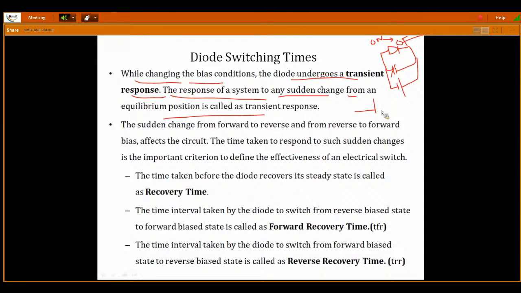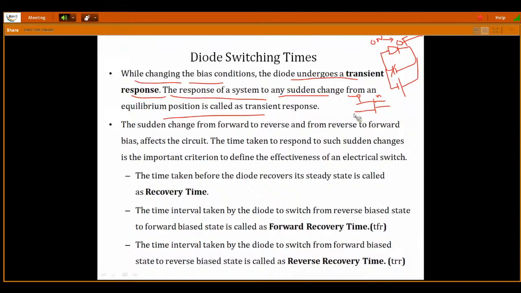Initially, electrons and holes. We take a simple diagram here. This is the p side I am taking, and this is the n side. At the equilibrium, the intrinsic semiconductor contains an equal number of electrons and holes.